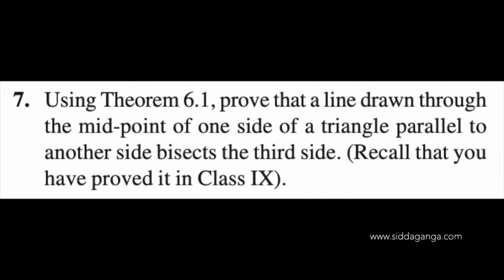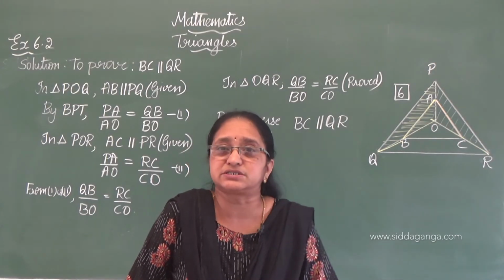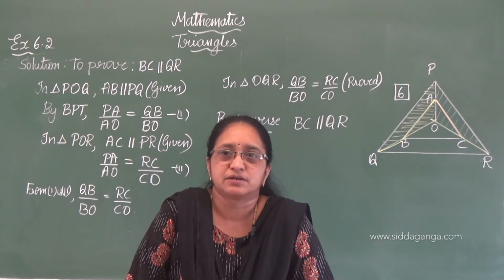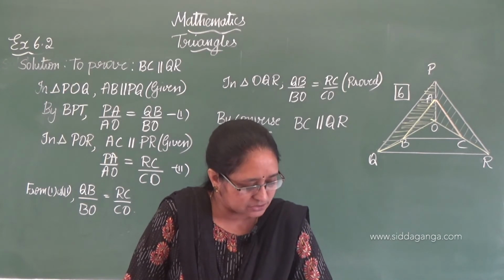Using theorem 6.1, prove that the line drawn through the midpoint of one side of a triangle parallel to another side bisects the third side. See, again it is a very interesting and also very important problem, because you have already proved this in 9th standard also.